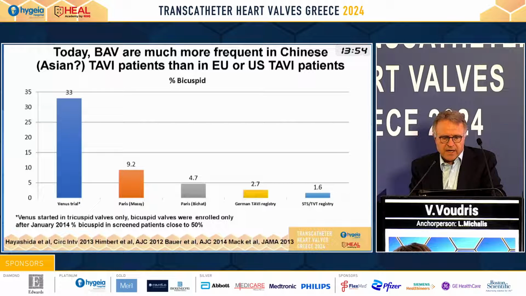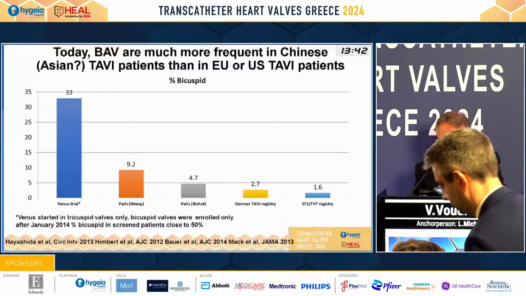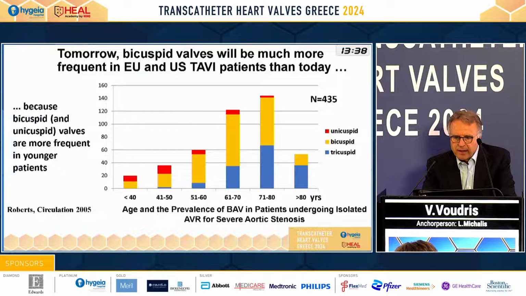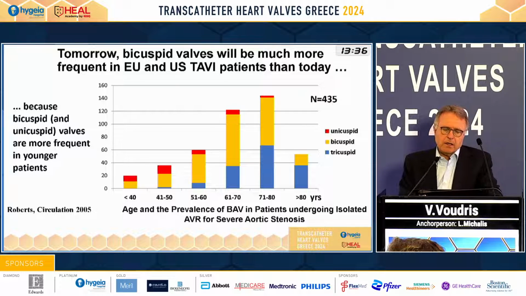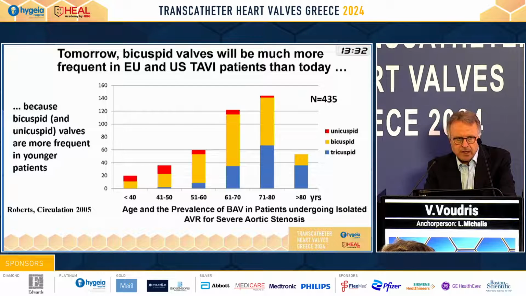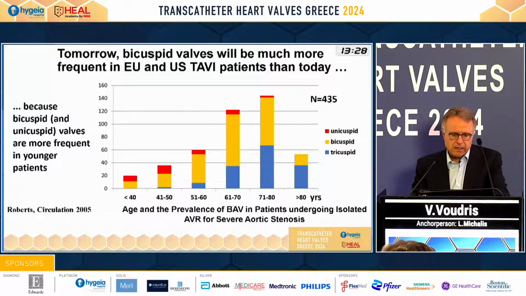In the Venus trial, the incidence of patients screened for bicuspid morphology from 2014 and later on is close to 50%. But tomorrow, bicuspid valve will be much more frequent in EU and maybe in US TAVI patients than today, because bicuspid valves are more frequent in younger patients.